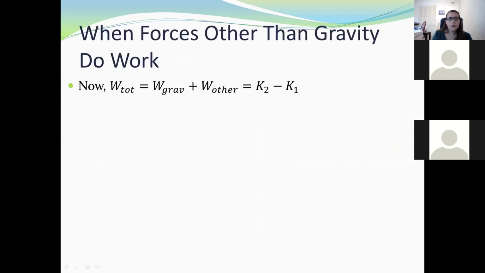Okay, so now we're at the point where forces other than gravity could be affecting our object, right? So now our total work done on our object is the work due to gravity plus the work due to other things, again, like applied force or friction or air resistance. And according to our work energy theorem, that still equals K2 minus K1.